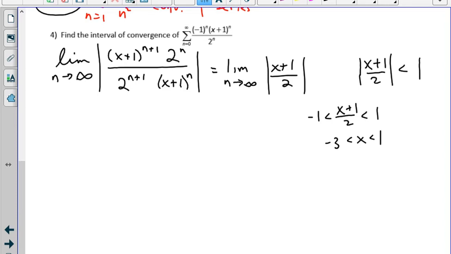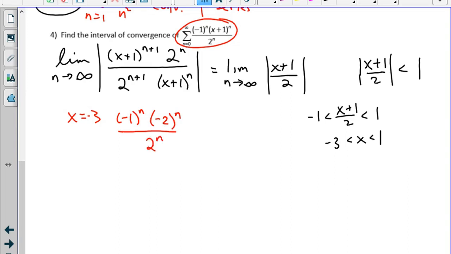Now I'm going to check for endpoints here. So if I look at this, when x equals -3, I have -3 plus 1 is -2 up here. So I have -1 to the n times -2 to the n over 2 to the n.